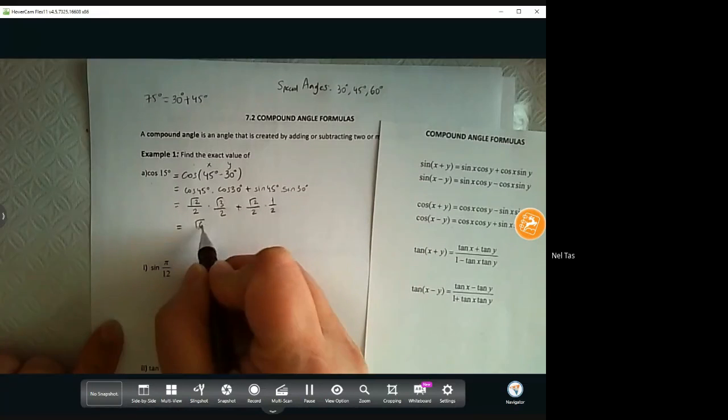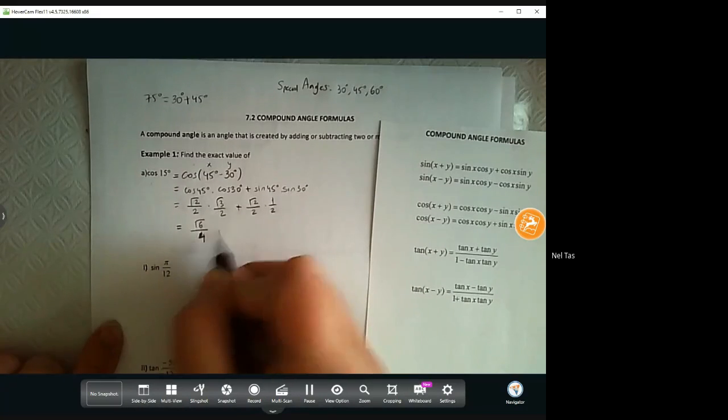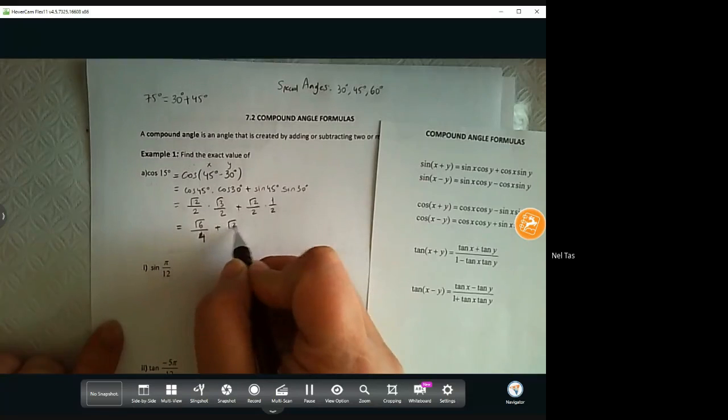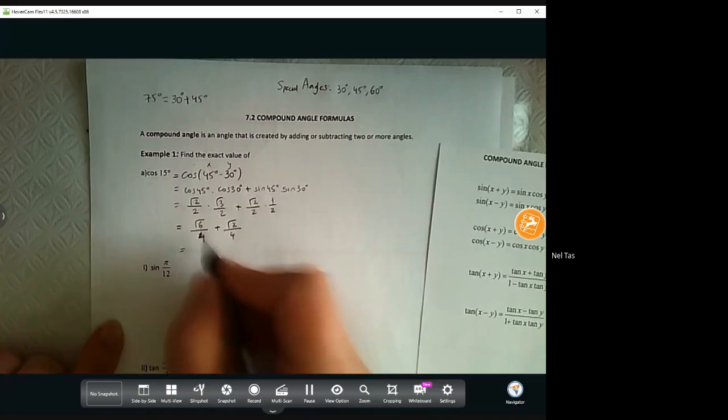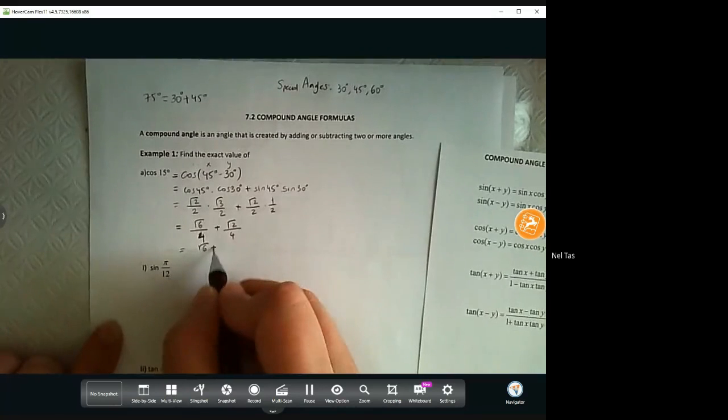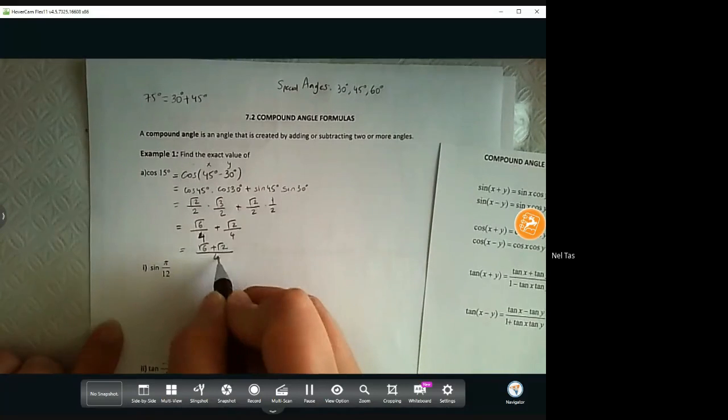So you get root 6 over 4 plus root 2 over 4. If you collect these, you get root 6 plus root 2 over 4. As you see, we got the exact value for cosine 15.